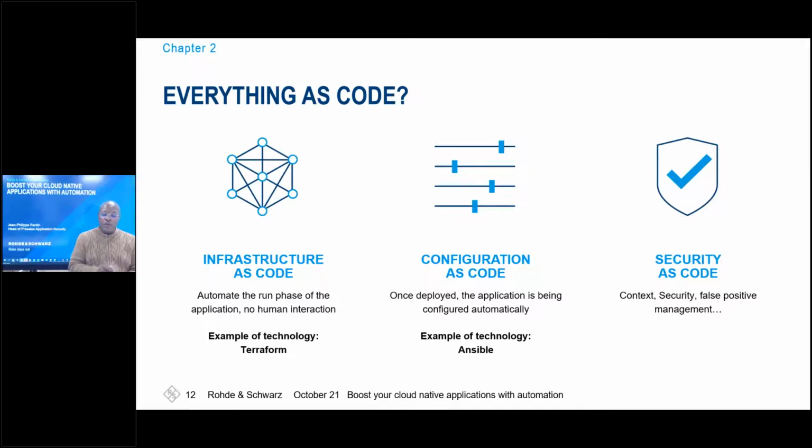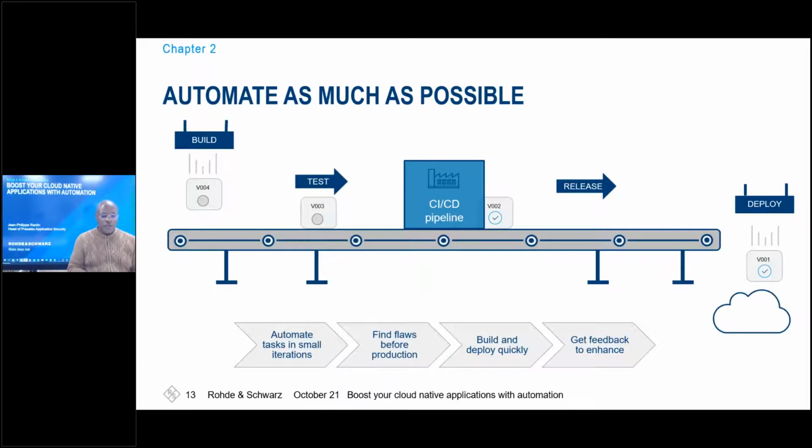With security as code, you will be able to define or check the context, install or put in firm security for your application, deal with false positive management, and improve the usage of your application. Whenever the application is pushed to the internet, immediately it is well protected. You don't need any extra production step in order to make your application secure on the web.